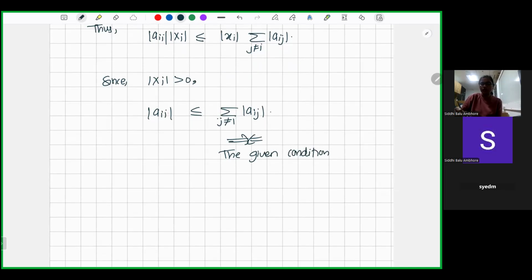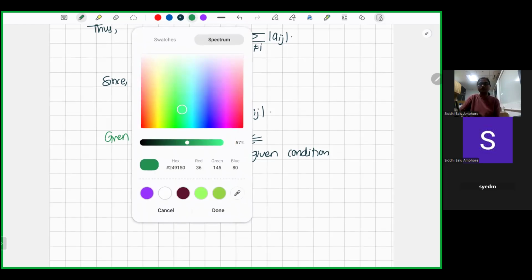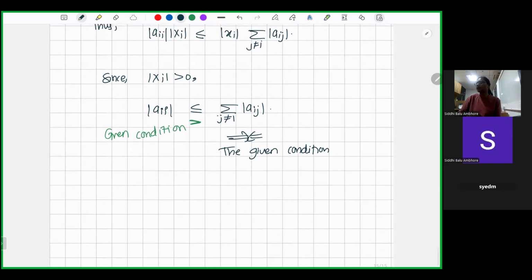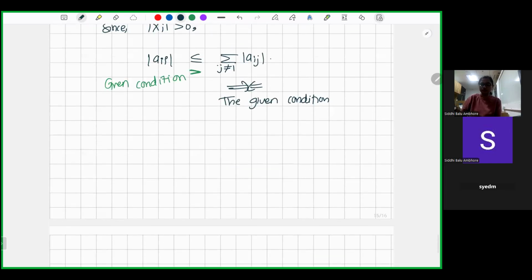The given condition is that |a_ii| is strictly greater than this sum. Therefore, hence no such x exists, where x is equal to (x_1, ..., x_n).